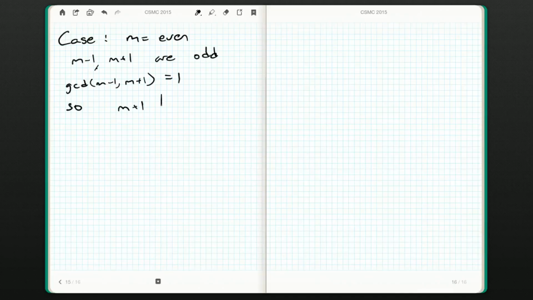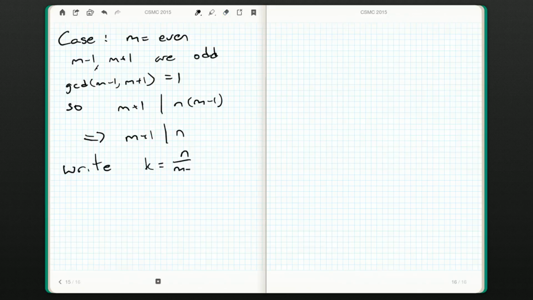So we know m plus 1 divides n times m minus 1, but if m plus 1 and m minus 1 have a GCD of 1, that tells us that m plus 1 completely divides n. Let k equal n divided by m plus 1. So a we can write as k times m minus 1.